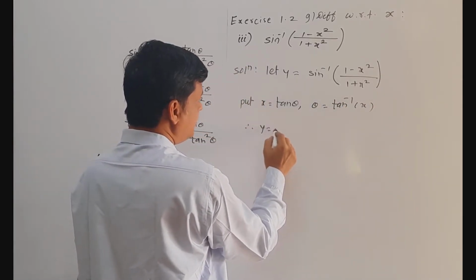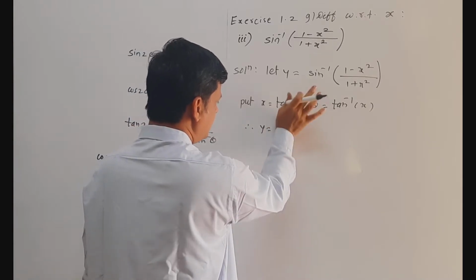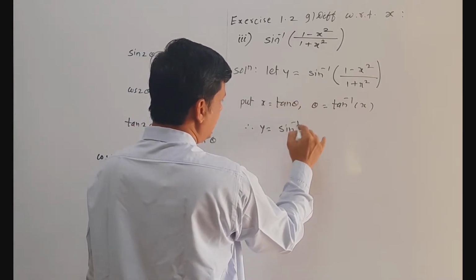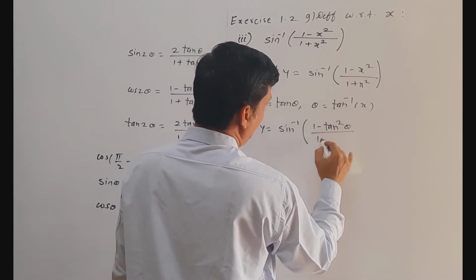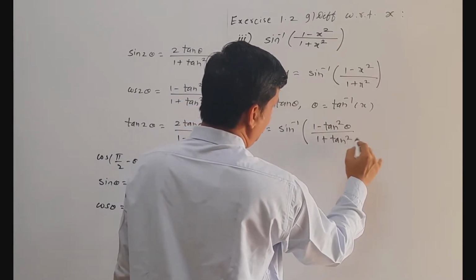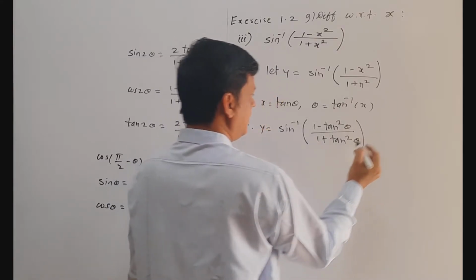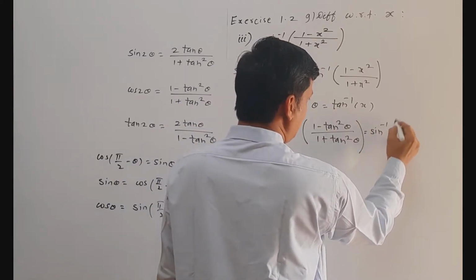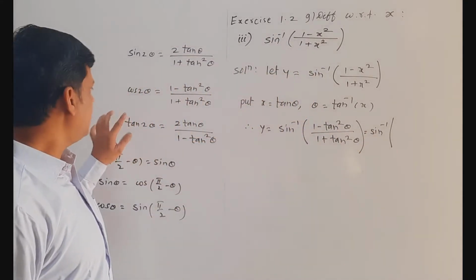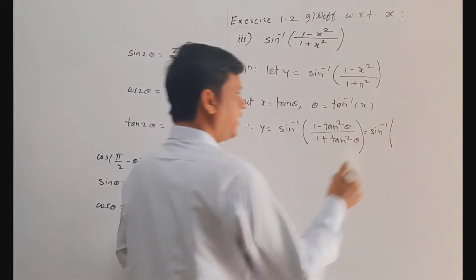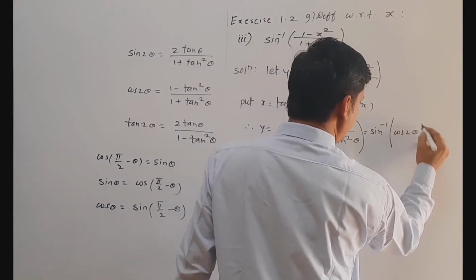Therefore y is equals to, here outer function is sin inverse, so sin inverse of 1 minus tan square theta upon 1 plus tan square theta, which is cos 2 theta. So we write here cos 2 theta.